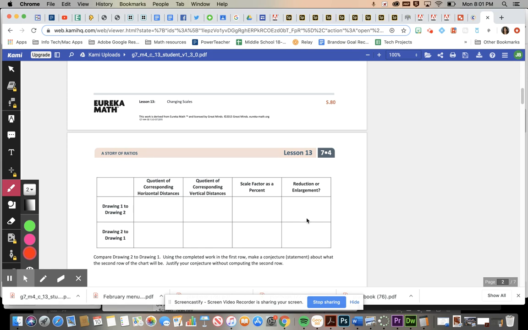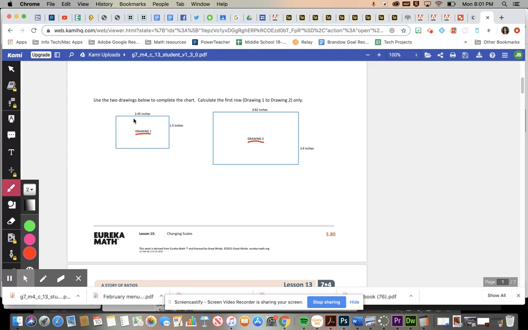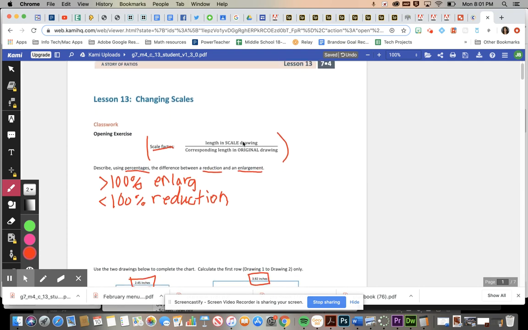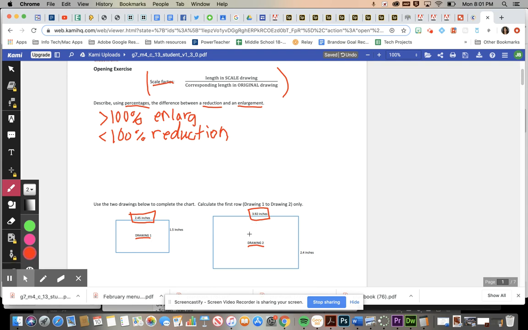So to find the quotient of corresponding horizontal distances, I have to look back up here at my horizontal distances. Horizontal is like the horizon, so here's the horizontal distance in drawing 1, and here's my horizontal distance in drawing 2. Now going back up to our formula, length in the scale drawing divided by the corresponding length in original drawing. So drawing 1 is our original, and this is our scale drawing.